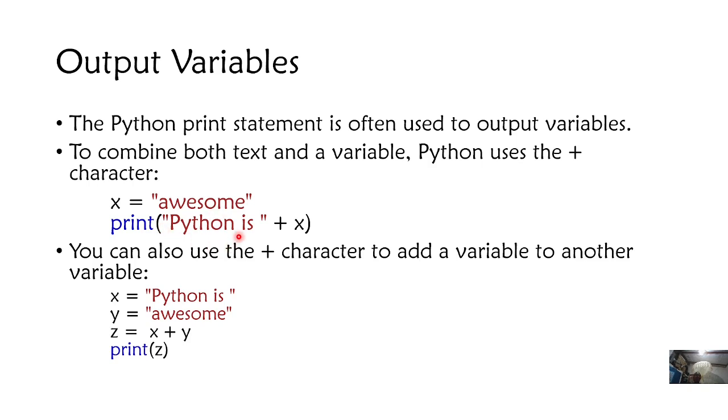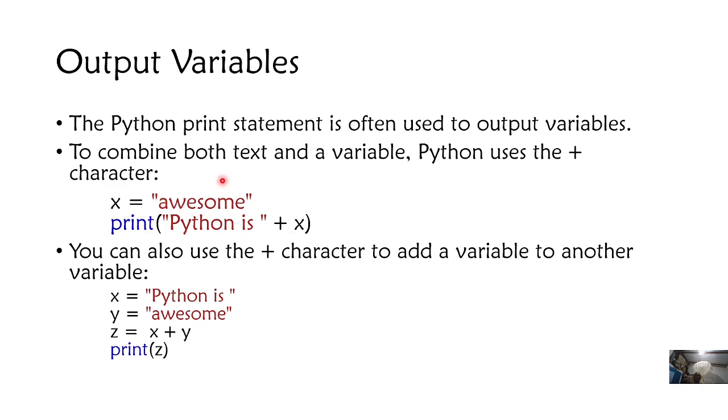Then we say print Python is plus x. So what is going to be printed is Python is awesome. To make a space between is and this word, you should make sure that within the quoted text you put a space, so that it also has a space.